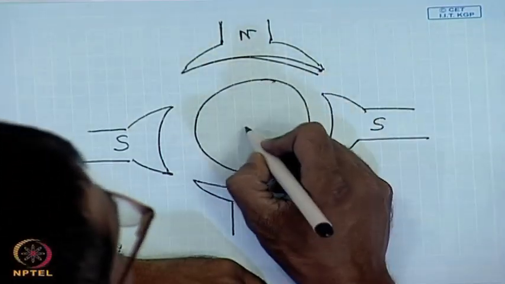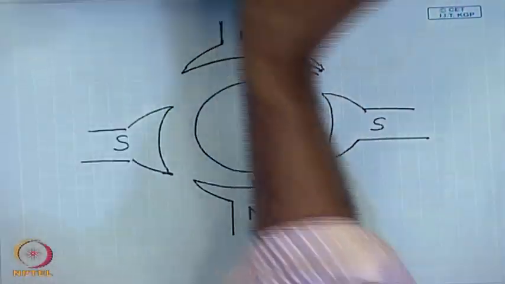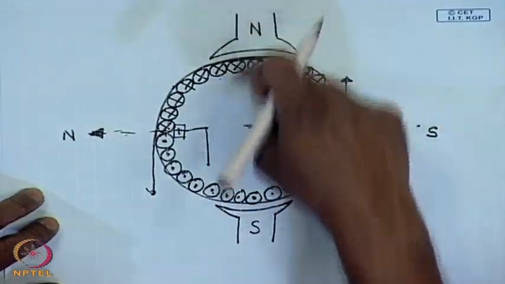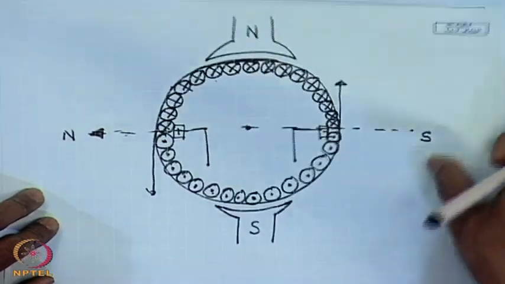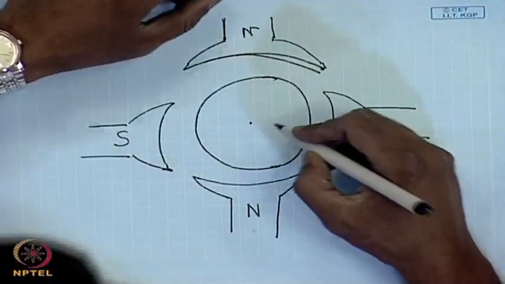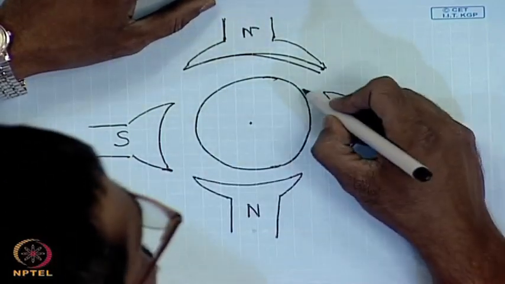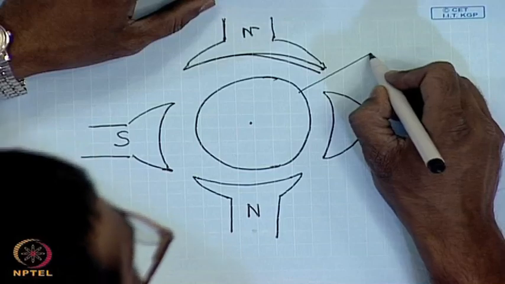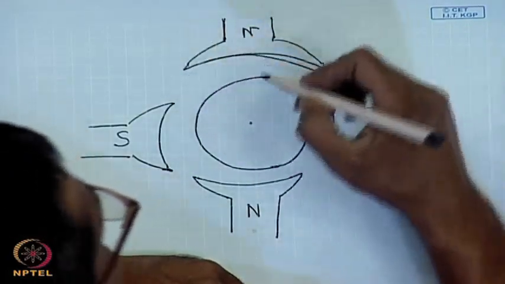That is, for this case we had 2 poles on the stator, and the armature produced 2 poles. Here the armature should also produce 4 poles.